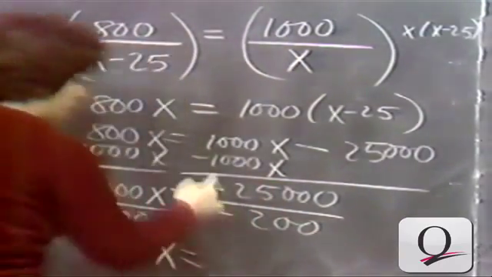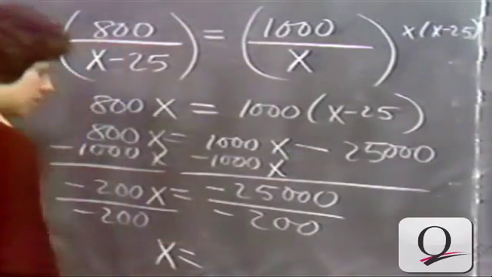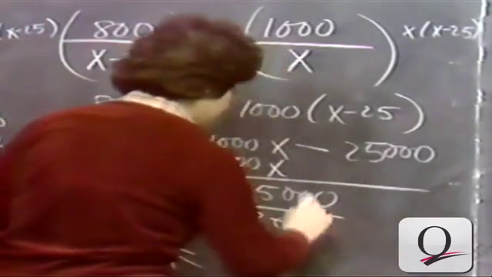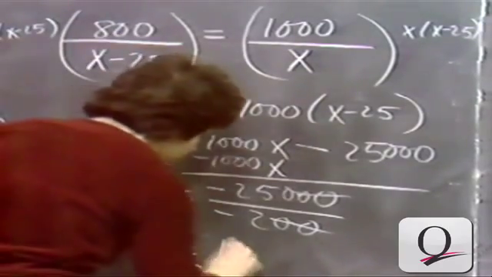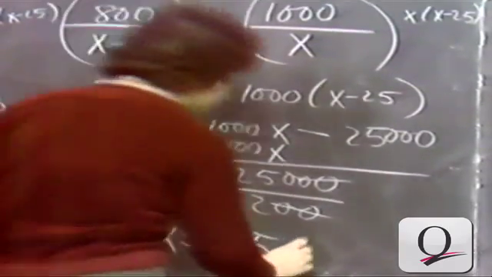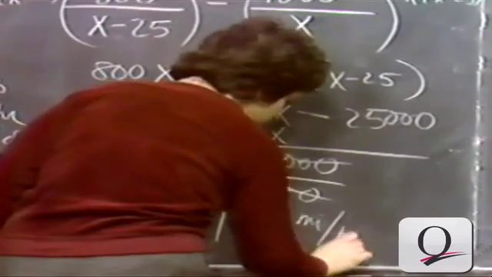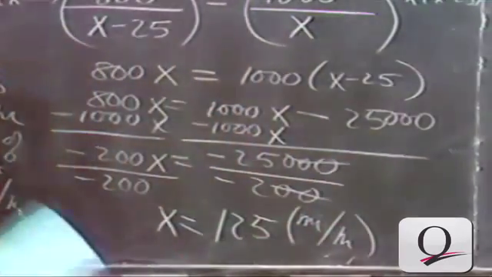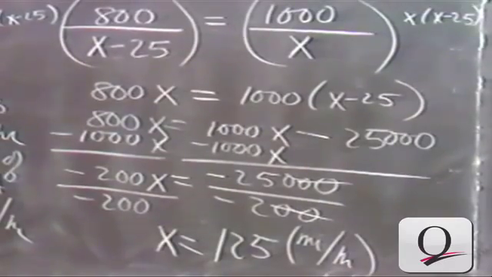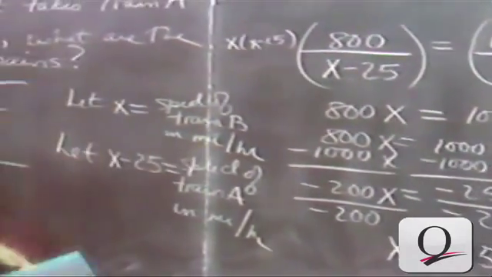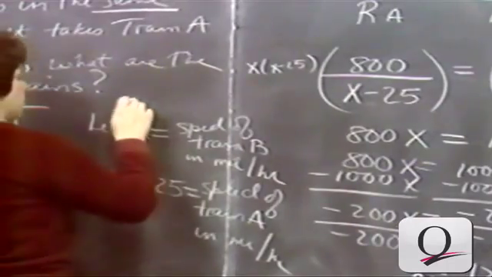Dividing both sides by minus 200 gives us x equals, now minus over minus, that's plus, 250 over 2, that's 125. And that's in miles per hour. Train B is traveling at 125 miles per hour.